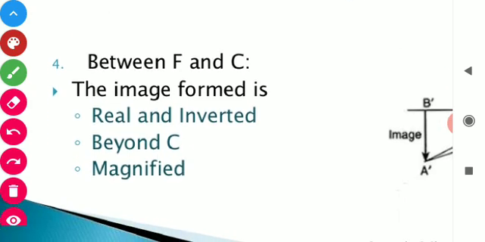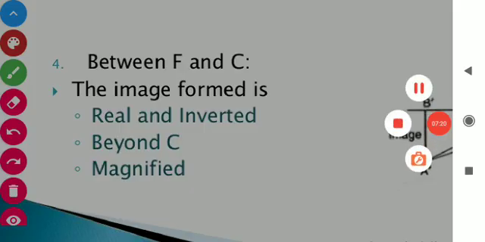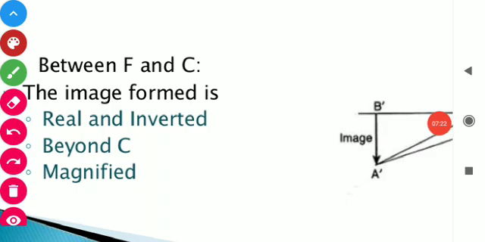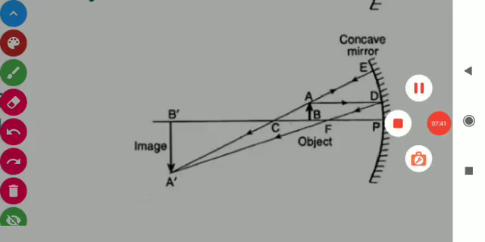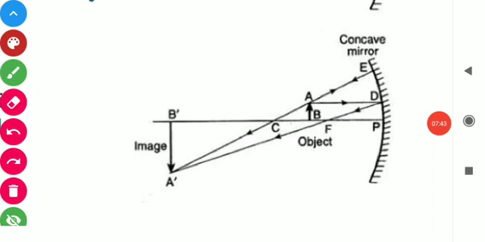Similarly, we will do the fourth case. In our fourth case, the object is placed between C and F. In the last case the object was placed at the center of curvature, but here the object is placed between C and F. C means center of curvature, F means focus.